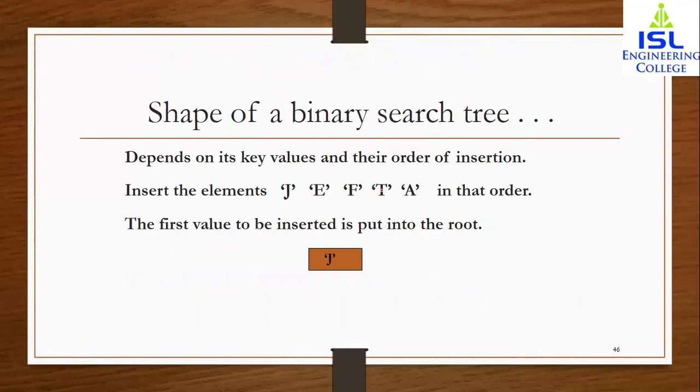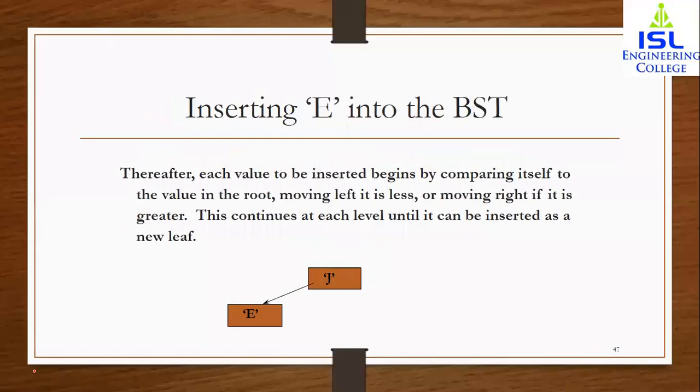Insert the elements J, E, F, T, A in that order. The first value to be inserted is put into the root. So we have inserted J first. Now after that, we have to insert E. Each value to be inserted begins by comparing itself to the value in the root, moving left if it is less or moving right if it is greater. This continues at each level until it can be inserted as a new leaf.